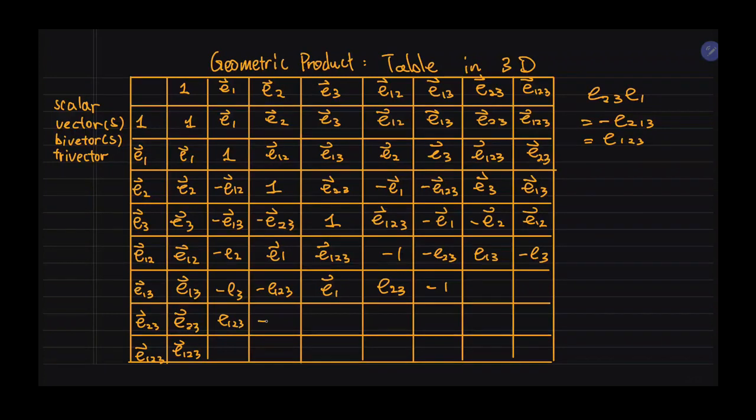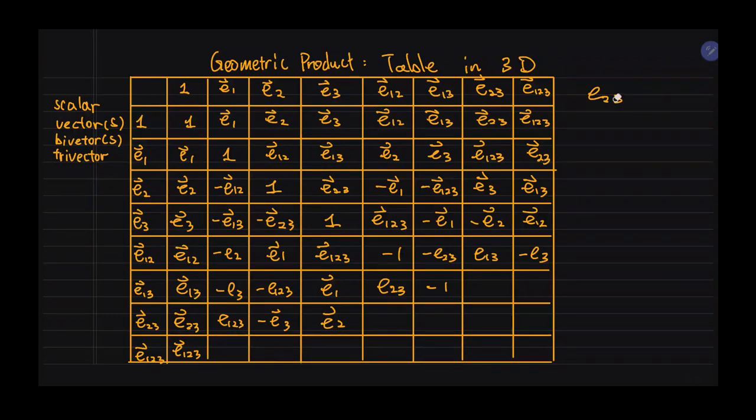And then e23 e2 is e3 minus e3, and then this gets e2, and e23 e12.